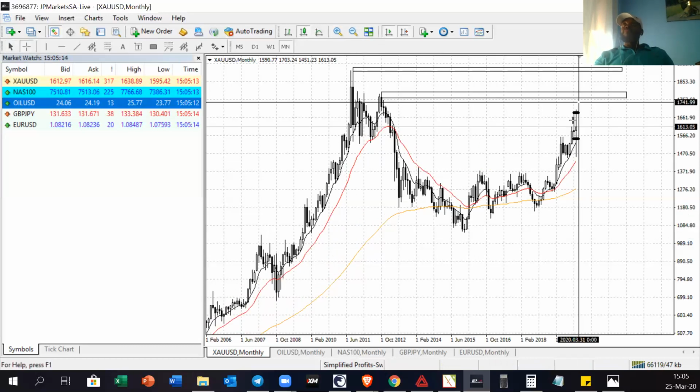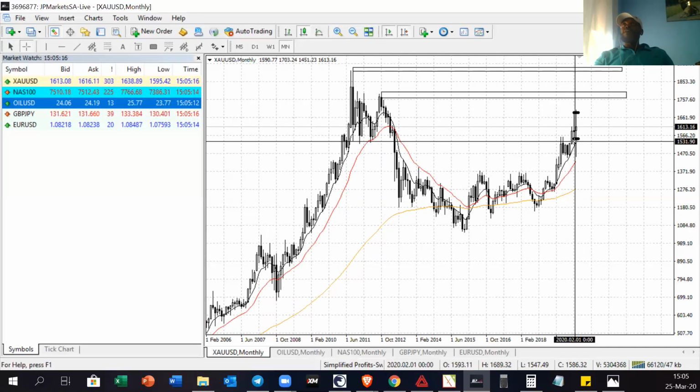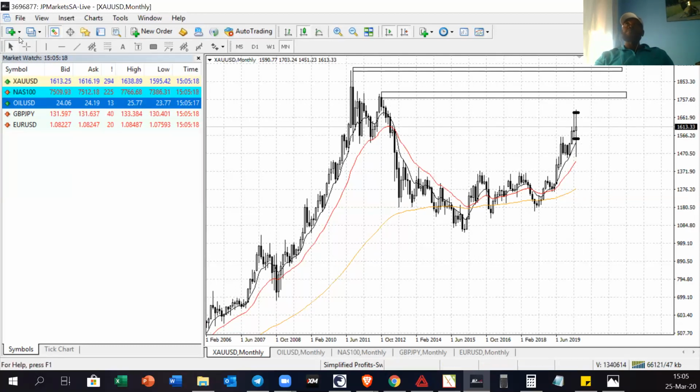Now, if price were to come down, where would I anticipate this thing coming down? Well, I'll look at this level. However, we have already done that. This is a level of interest.